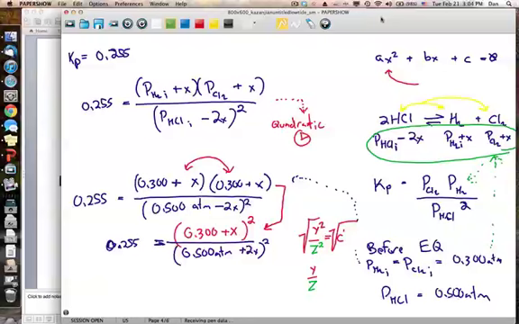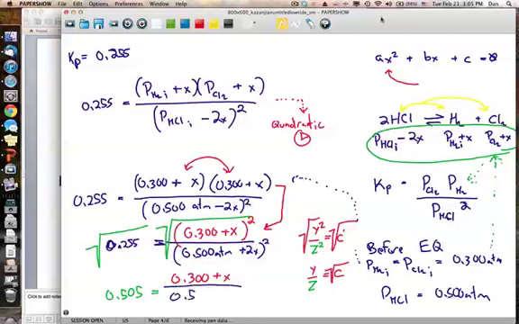So you can use this little trick and solve the equation such that we take the square root of both sides of this equation to give us 0.505 equal to 0.300 plus x divided by 0.500 minus 2x.